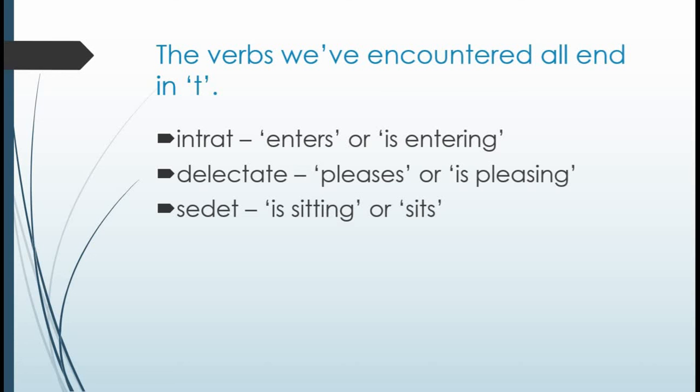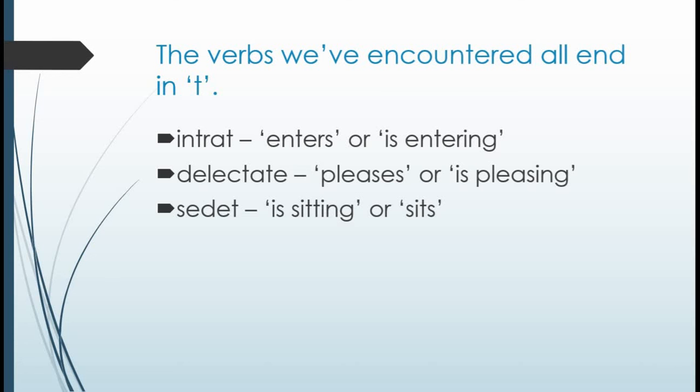So we translate them all as, for example, intrat can be enters or is entering, depending on what you fancy. Delectat means pleases or is pleasing. Sedet can mean is sitting or sits.